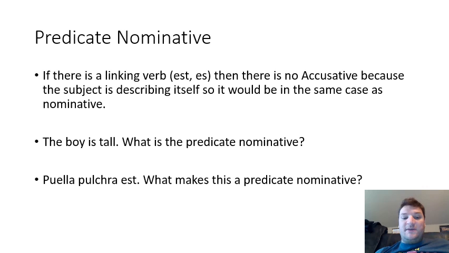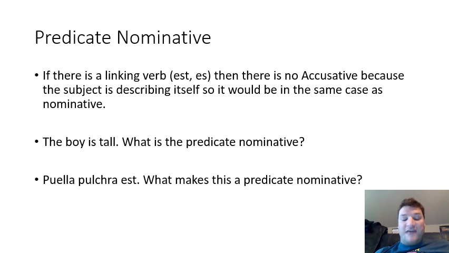So it's going to be in the nominative case. We call it a predicate nominative. For example, if I say the boy is tall, tall would be the predicate nominative because it is describing the boy. It is giving you more information about the subject. It's not doing anything, right? It's a state of being.